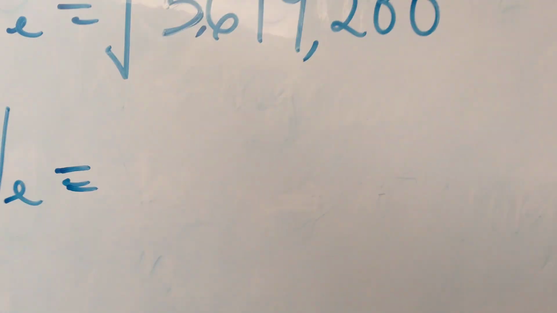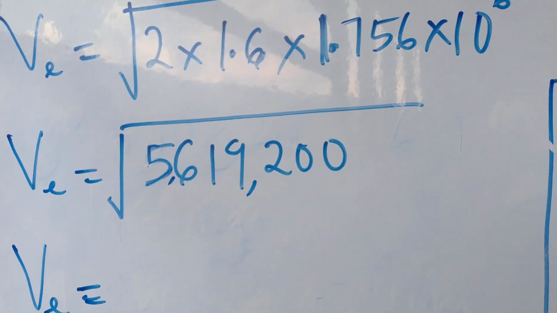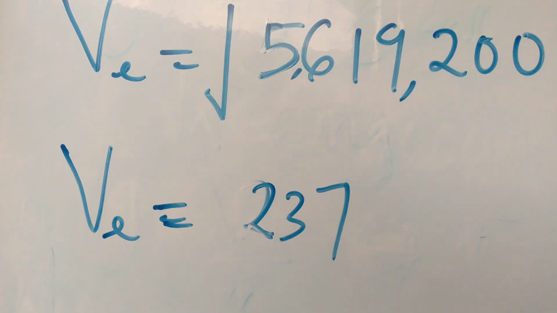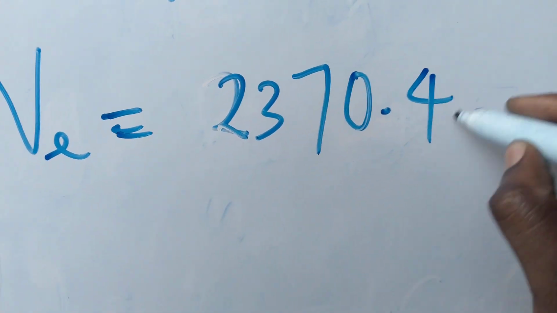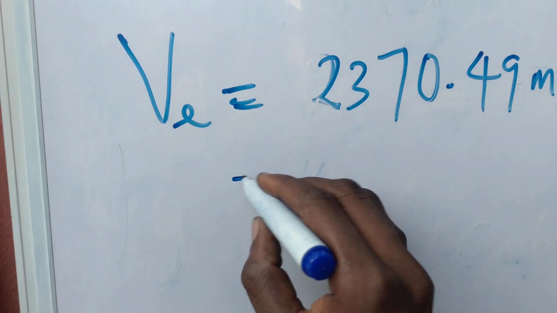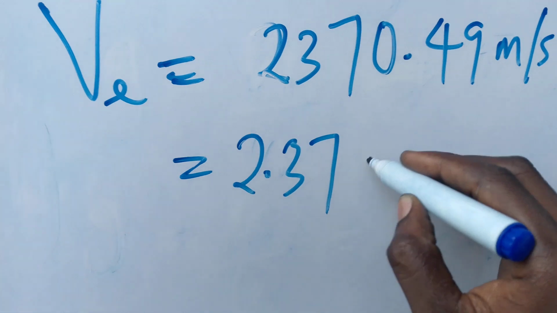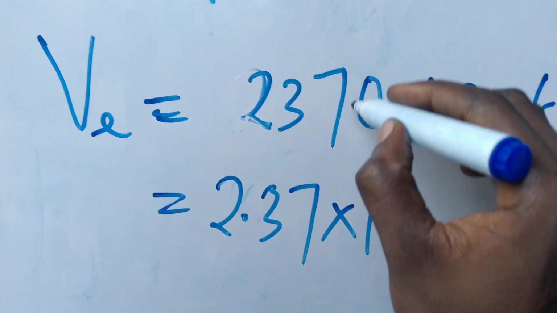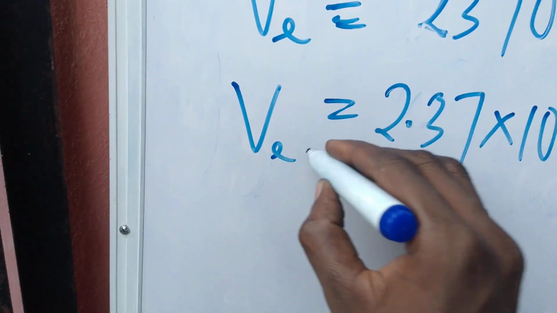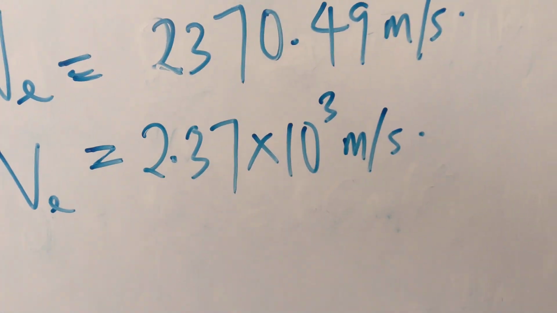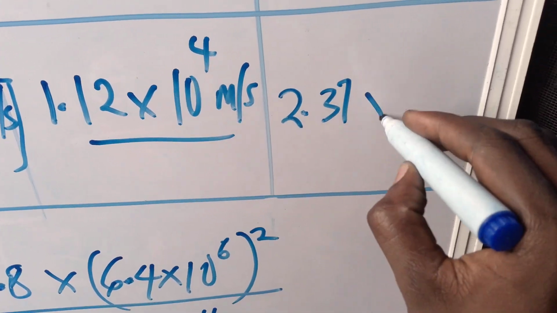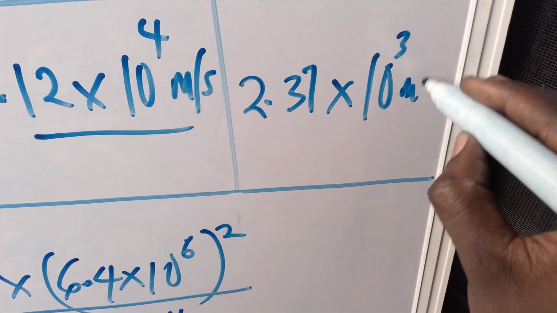The square root of 5,619,200 will give me 2370.49 meters per second, which is approximately 2.37 times 10 raised to power 3 meters per second. That's the escape velocity of the planet. So I'll write it down there: 2.37 times 10 raised to power 3 meters per second.